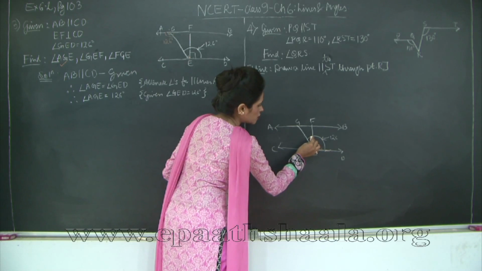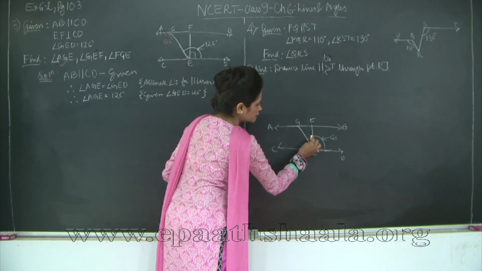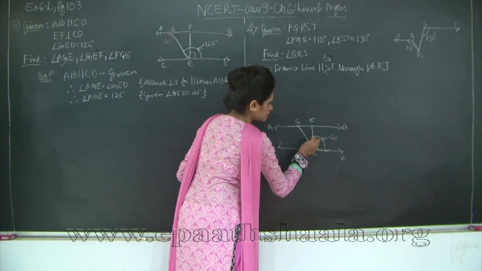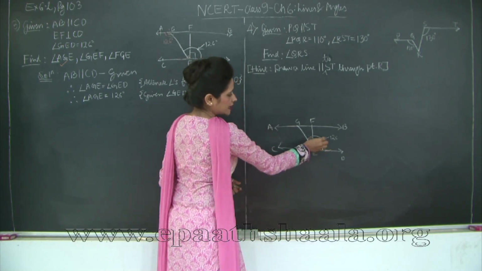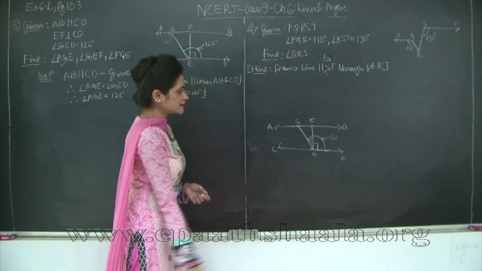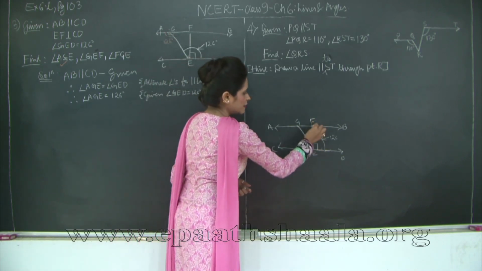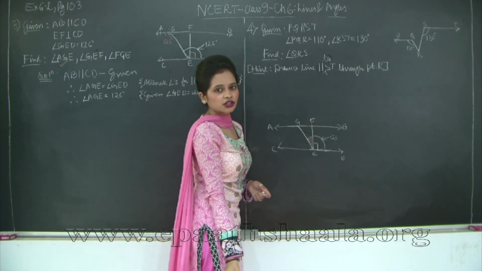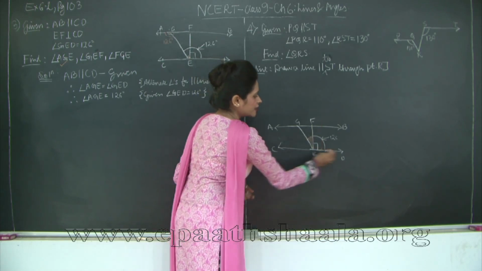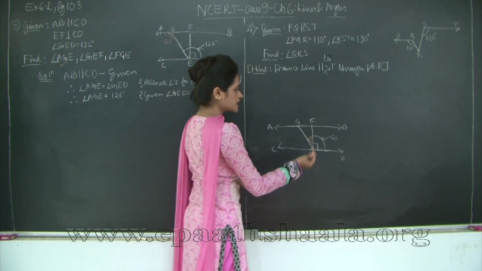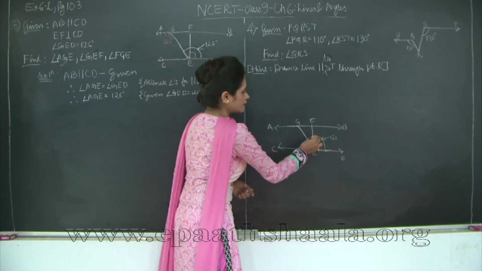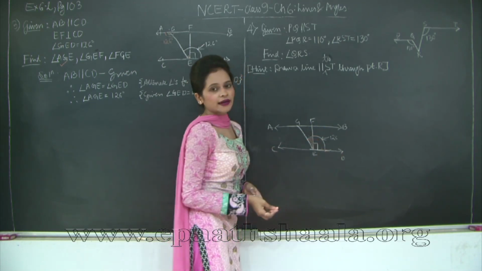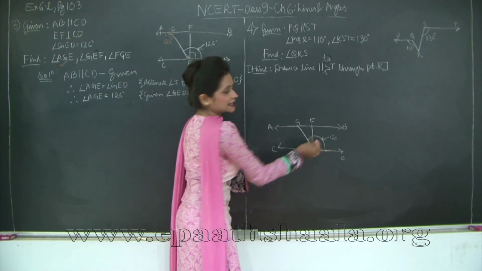So how much would this angle be here? Don't you think it would be 126 degrees minus 90 degrees, because angle GEF plus angle FED is equal to 126 degrees, but angle FED is 90 degrees. Why? Because given that FE or EF is perpendicular to CD. Therefore this angle would be 126 degrees minus 90 degrees, correct.